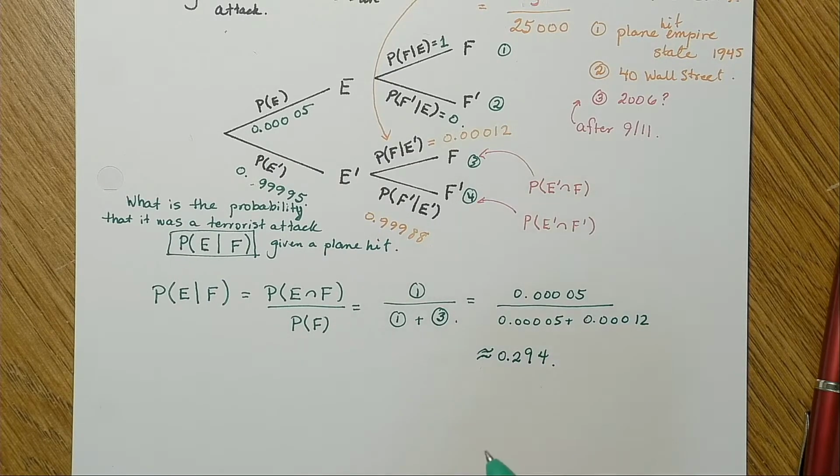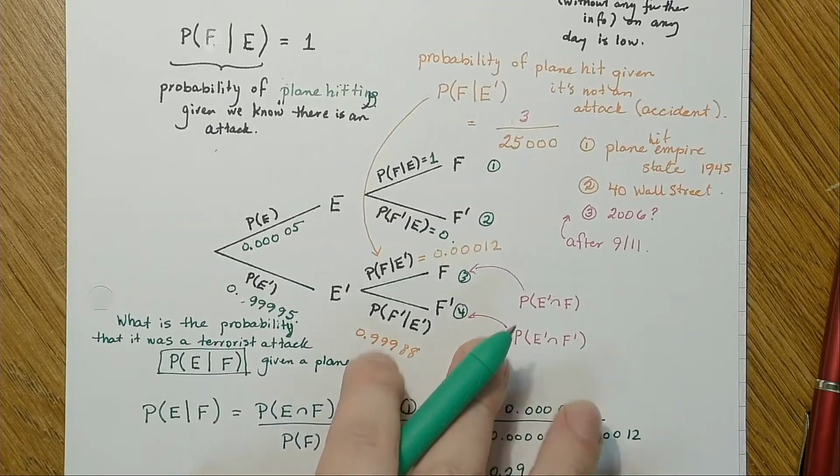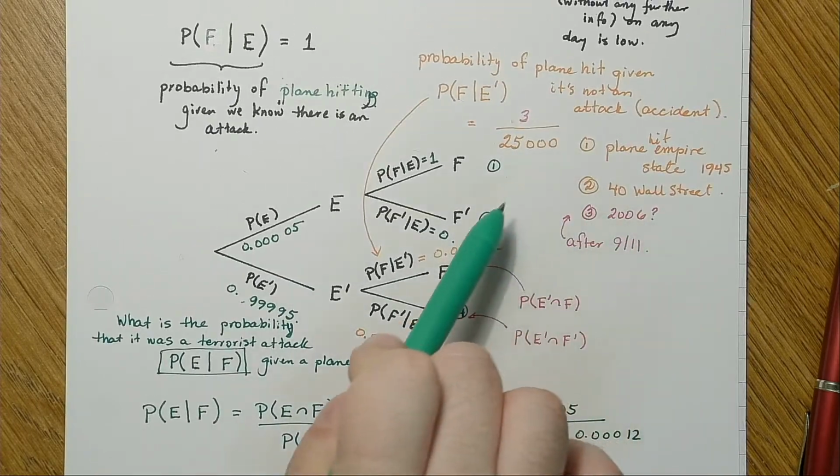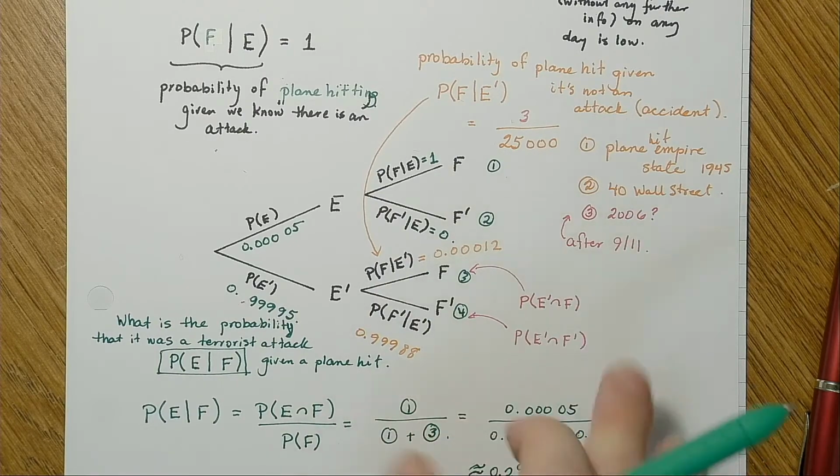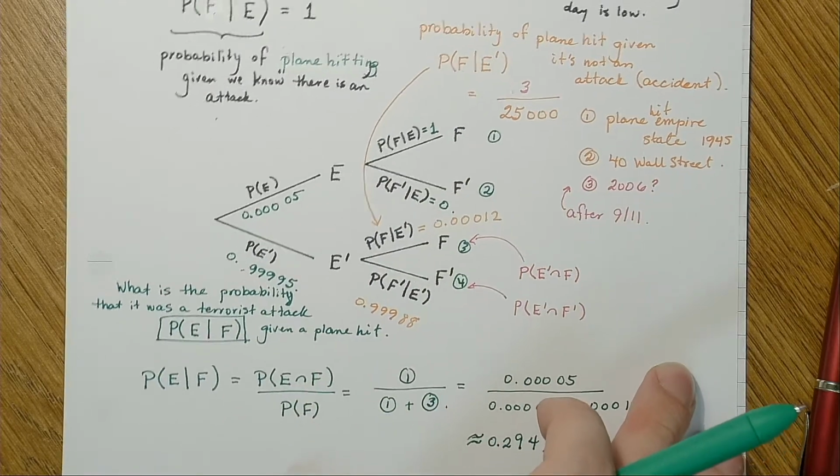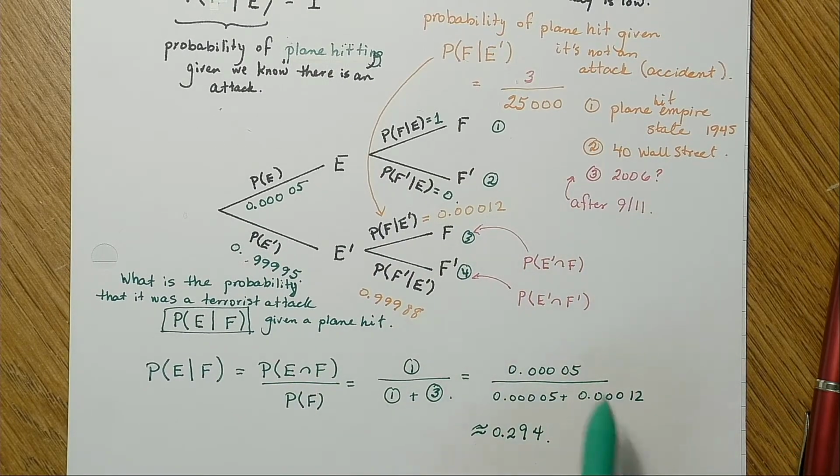Yes, okay, perfect. I've changed a little bit of this information here because of the 2006 one. But basically, because there's 5 plus 12, so 5 over 17.